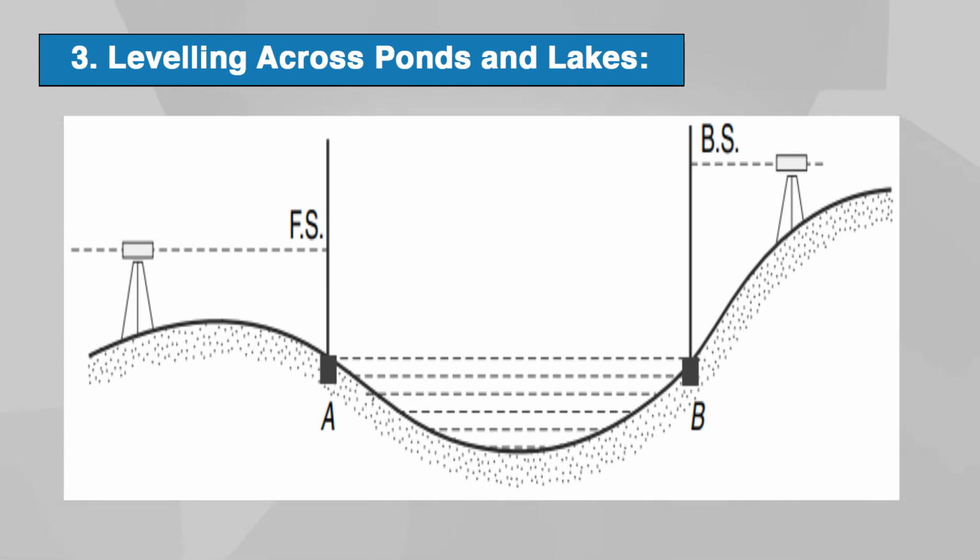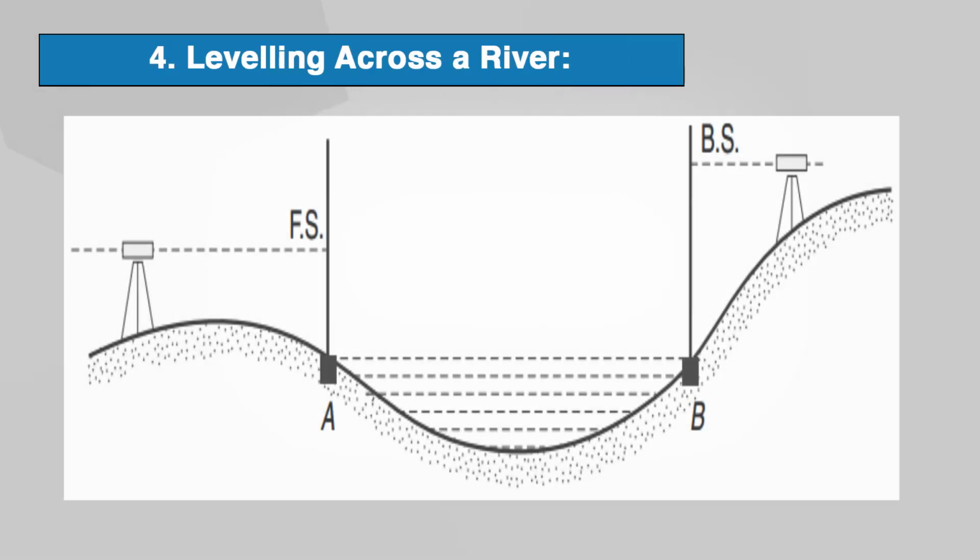Now we will shift the level to the other side and take a reading at B. Since the water surface is level, the reduced level of peg B will match that of A. By adding the reading at B to the reduced level of A, the height of the instrument is determined, allowing the leveling to continue.